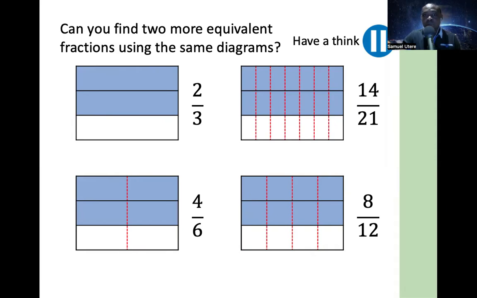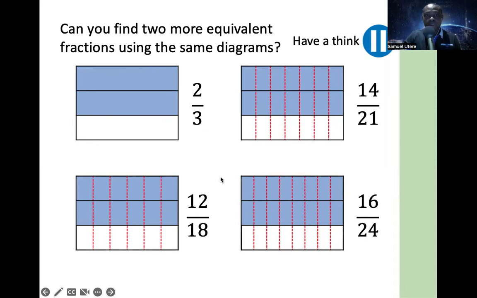You can see we have the same size shaded, but we've just expressed them as different fractions that are equivalent. So we have different numbers, but they are all equivalent. We can have this 12/18 or 16/24.